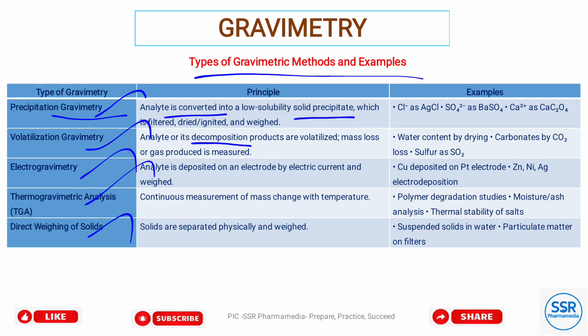In electrogravimetry, the analyte is deposited on an electrode by electric current and weighed. Thermogravimetric analysis is the continuous measurement of mass change with temperature. In direct weighing of solids, solids are separated physically and weighed.